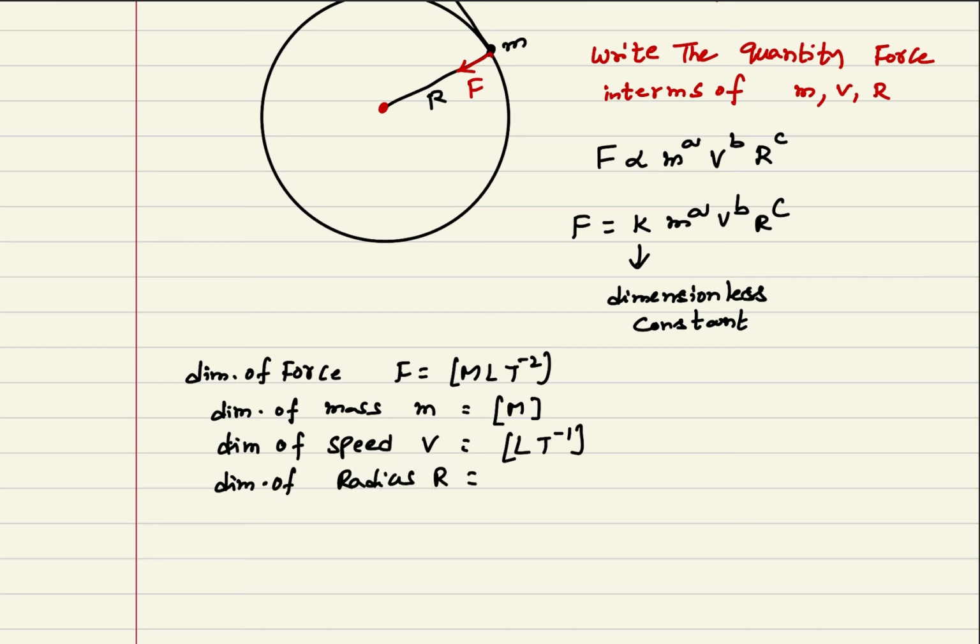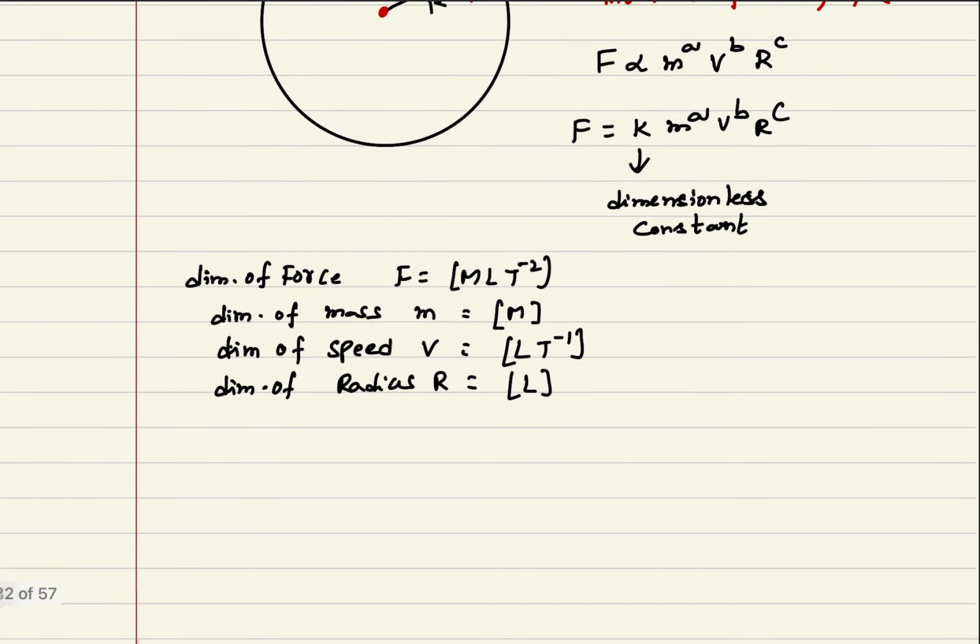Dimension of radius r is L. If we substitute all the values, M L T power minus 2 is equal to k, which is dimensionless, times mass power a, v which is L T power minus 1 whole power b, and radius L power c.